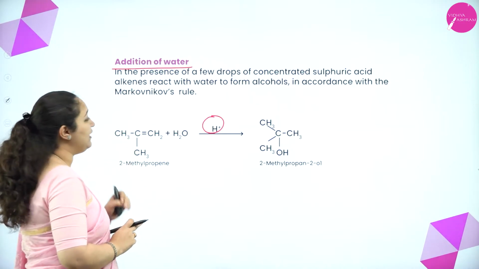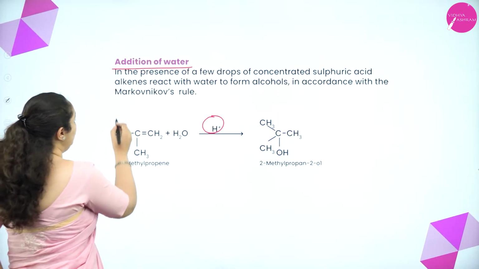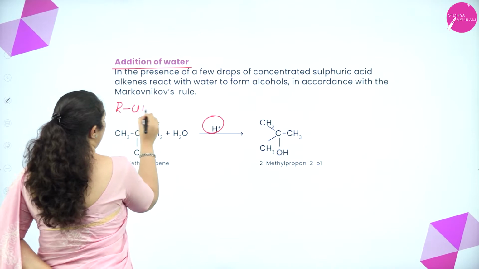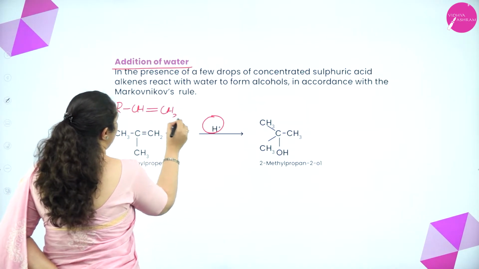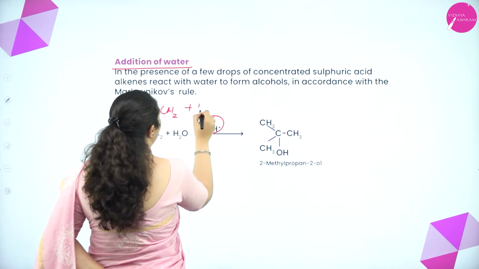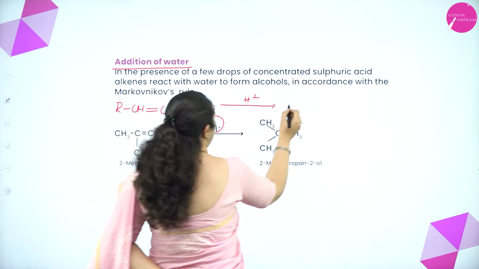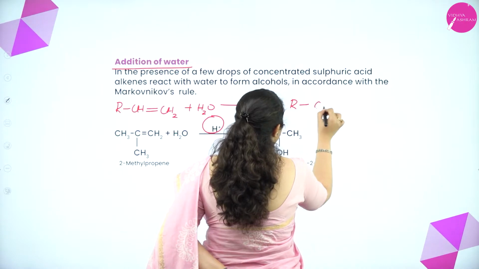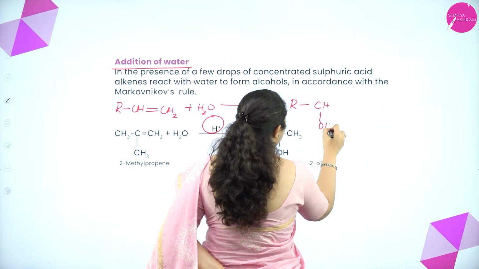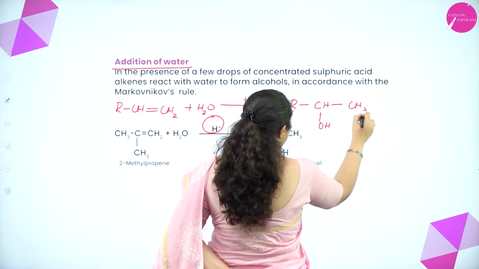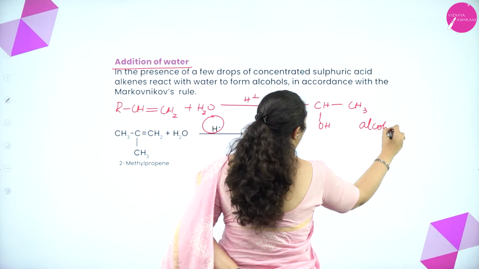For this one I can write a general equation also, that is RCH double bond CH2 with water in the presence of acid, you will get RCH, the negative part is OH, and CH3, that is alcohol.